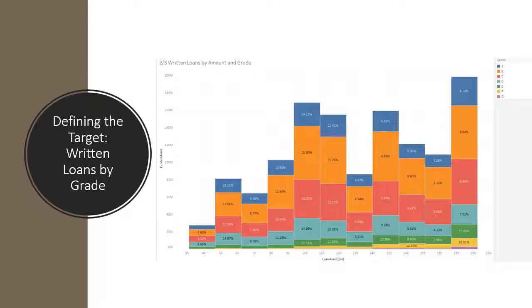Given the range of grades from A through D and the varying amount of loans written in A, B, C, and D grade, we assess that we should target any grade above D, as it would be likely to get approved and written by Lending Club.